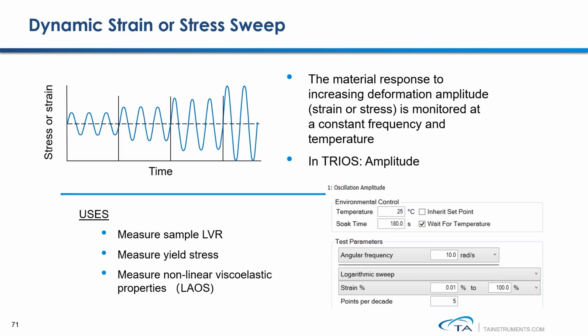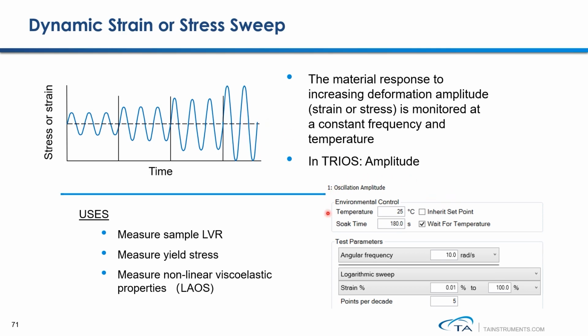You load your sample to the instrument, and then you oscillate your geometry using a constant frequency. During the measurement, you are varying your oscillation strain amplitude. You gradually increase the strain. So through the measurement, you monitor your sample's modulus changing as a function of strain amplitude.